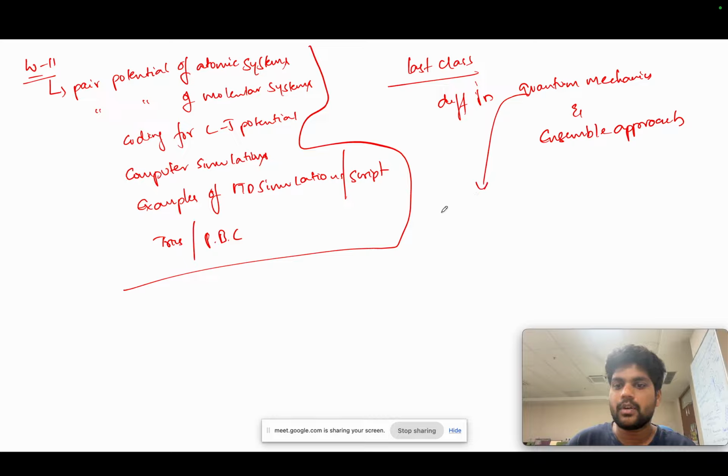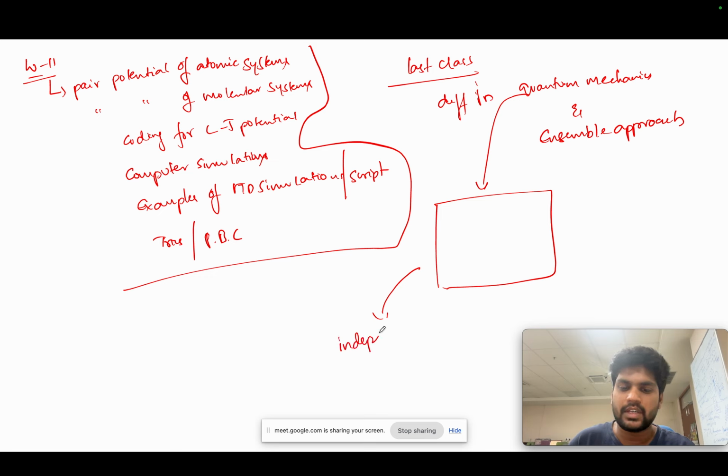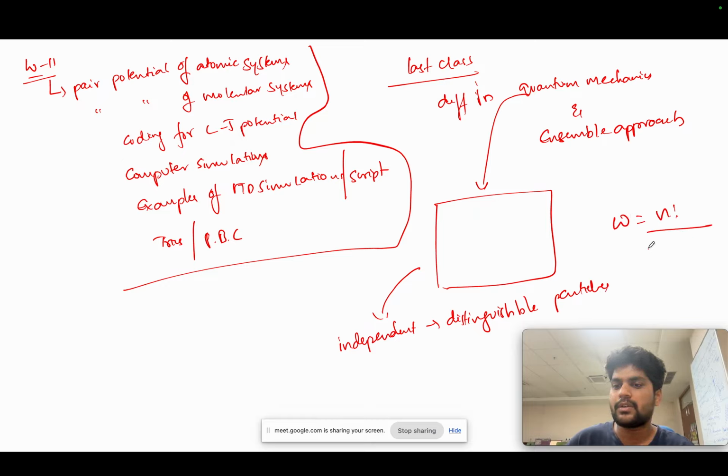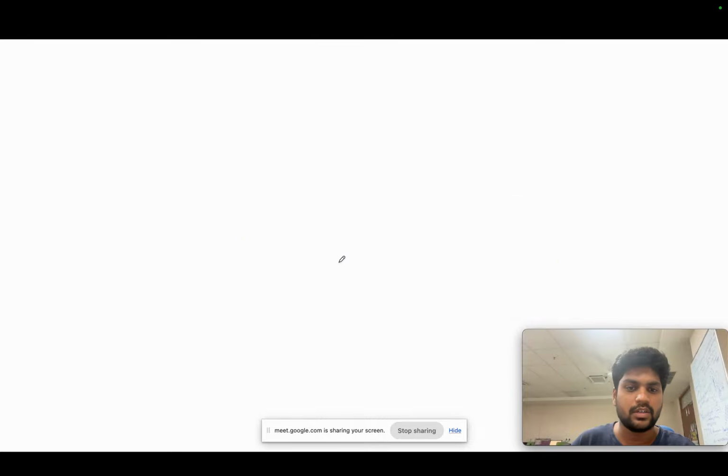In quantum, what we have done was we have taken independent distinguishable particles initially, and we started to write it as n factorial by n1 factorial, and from here we have done the approach initially based upon the microstates.